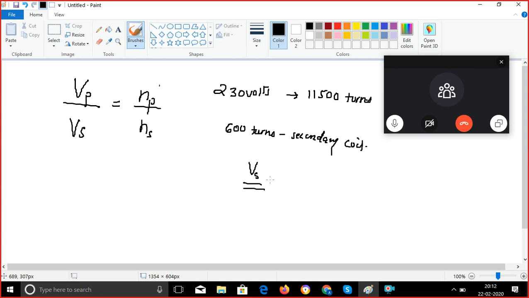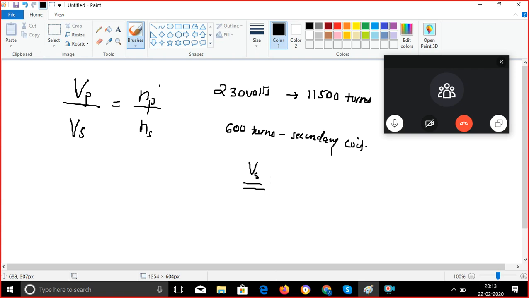So we divide 19.16 by 230, which is 0.083 recurring.